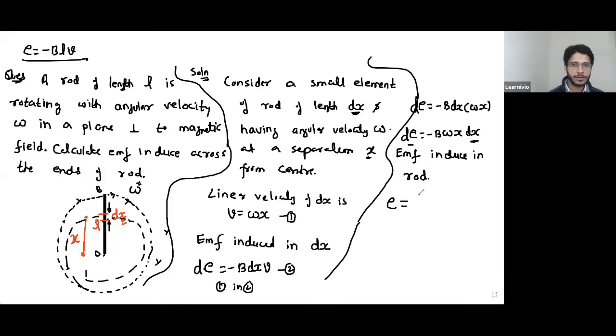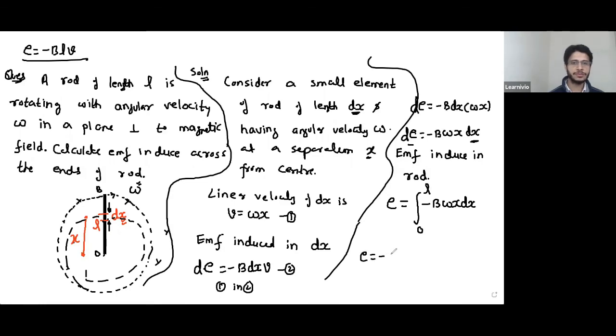For the complete rod, you can just integrate minus B omega x dx from 0 to L. You can integrate it over the entire rod.